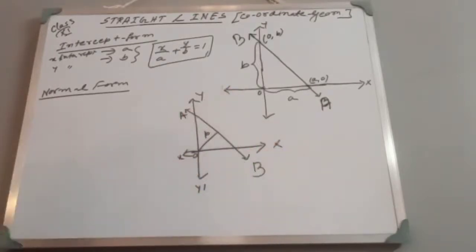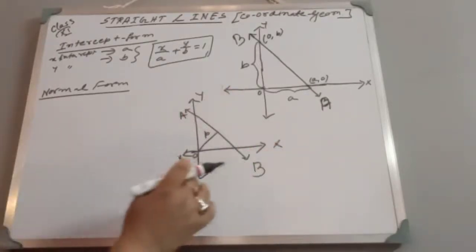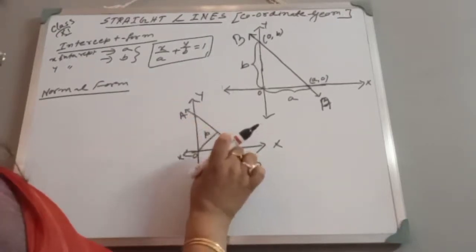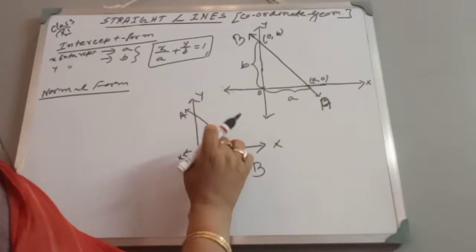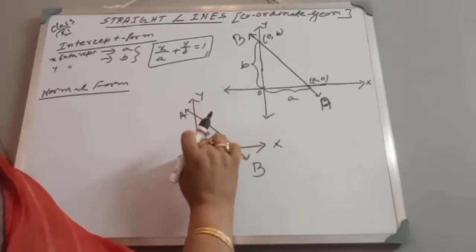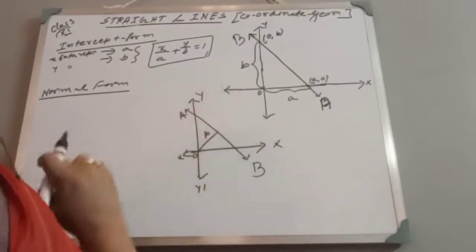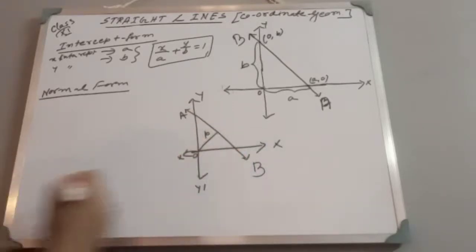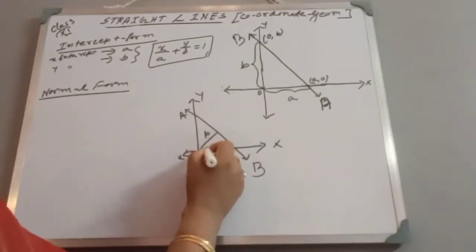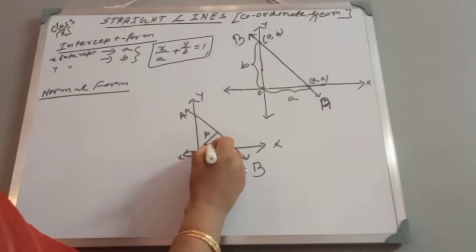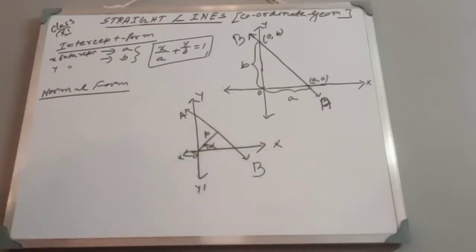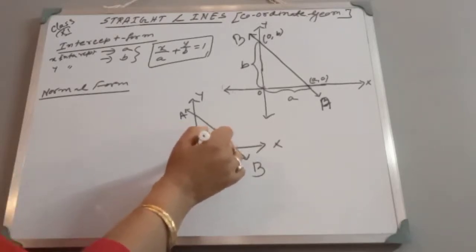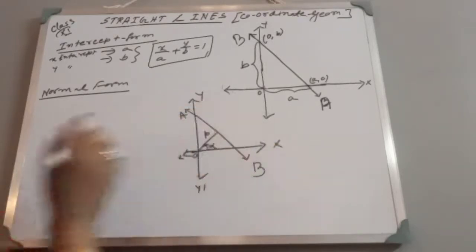The straight line intercepts the x-axis and y-axis, and from the origin to that straight line the perpendicular distance is given as P. This perpendicular makes an angle alpha with the positive x-axis.